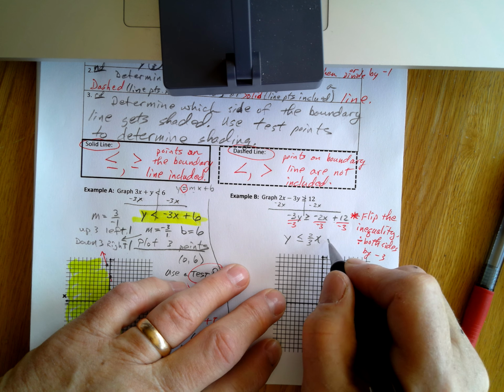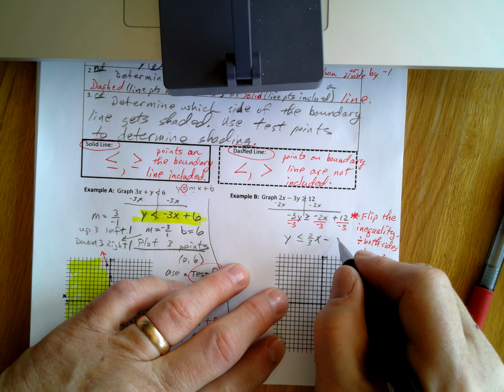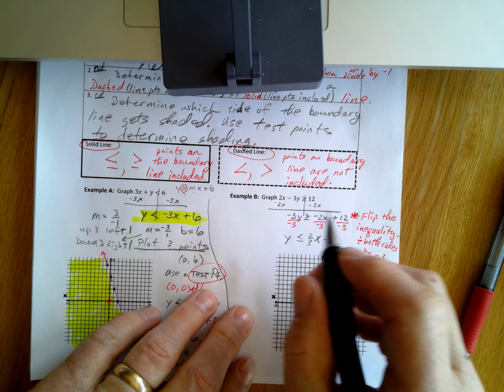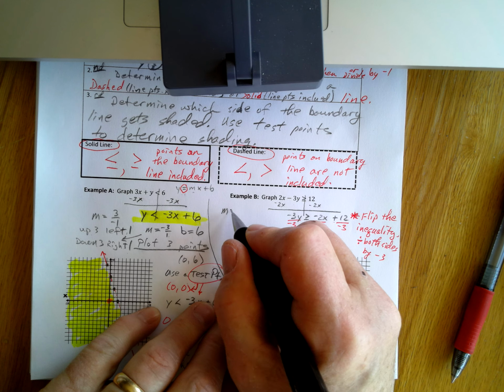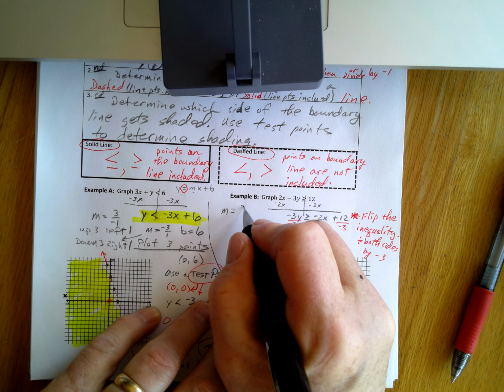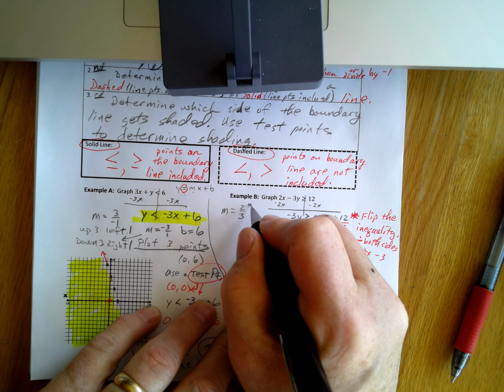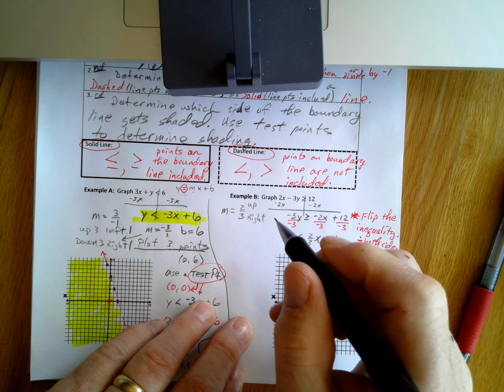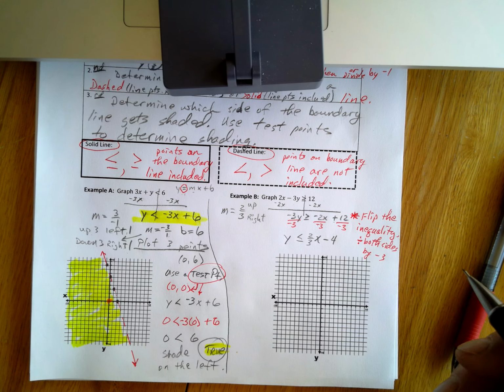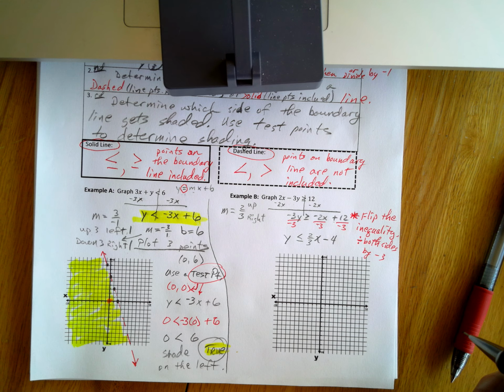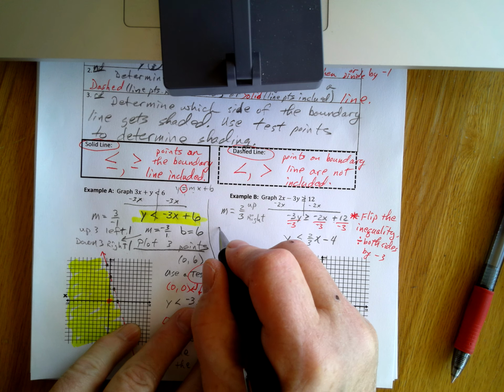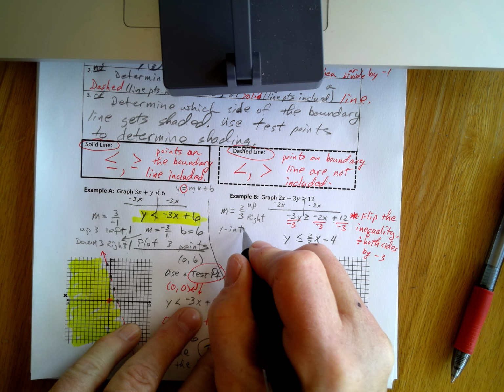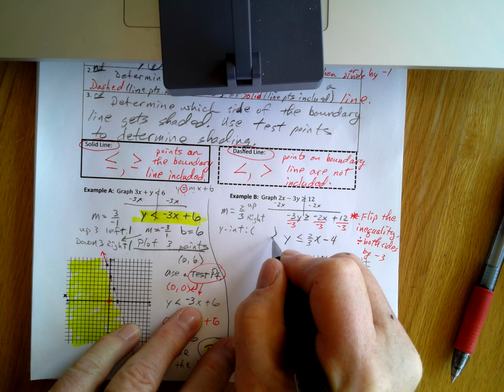So my slope is 2/3. This is up and this is right. It could also be down and it would be left. My y-intercept is going to be b equals -4, so my y-intercept is 0, -4.